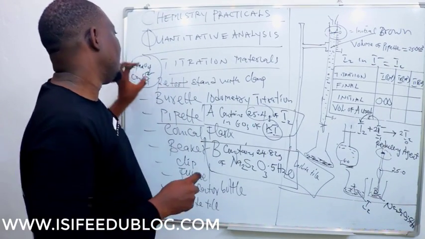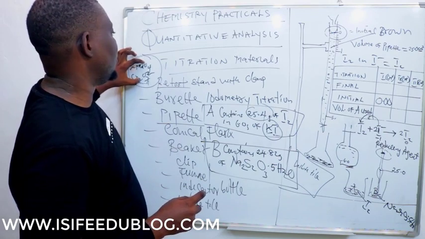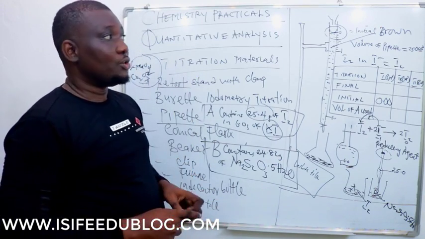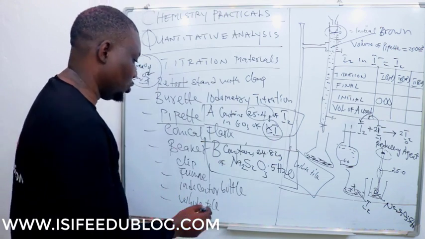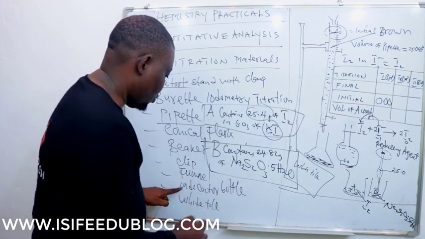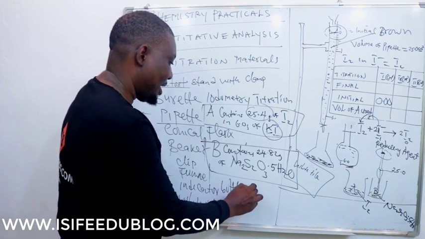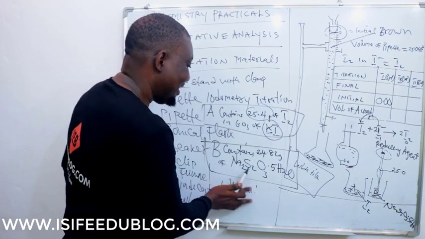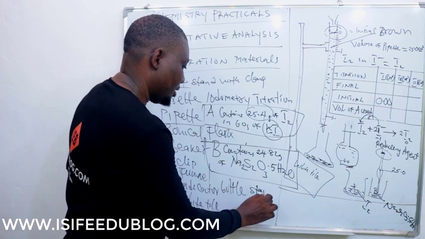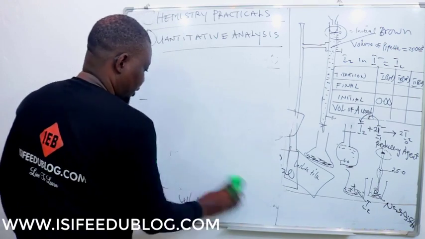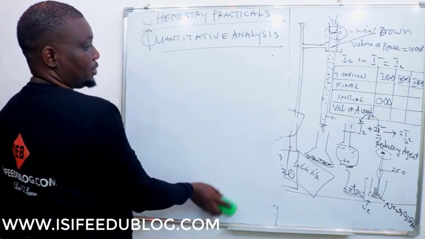So in most titrations involving these two, the indicators are most likely self, except in iodine, where what would be in the indicator bottle for this iodometric titration is starch solution.